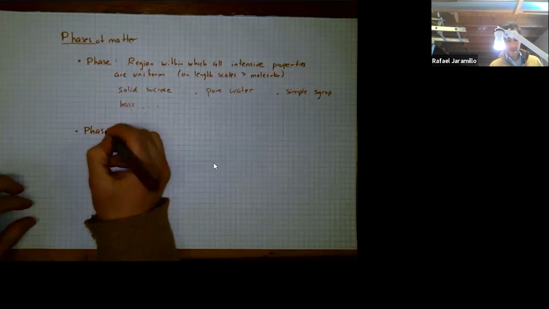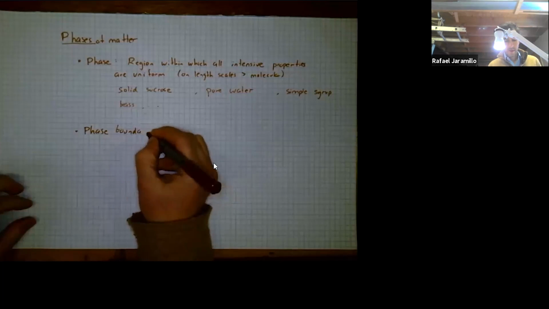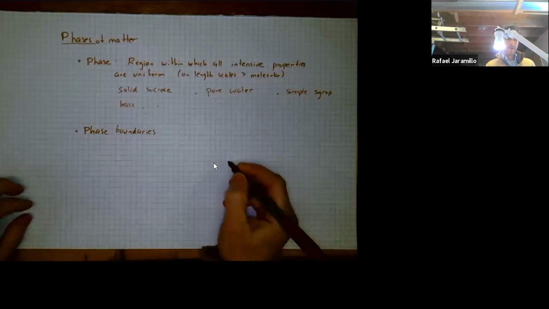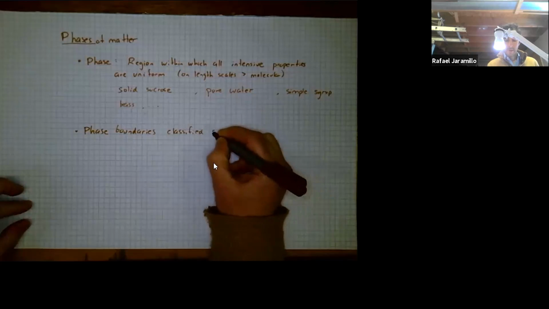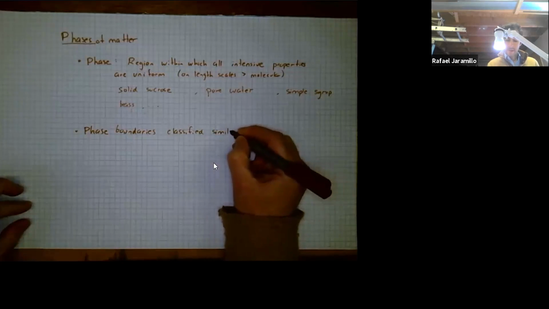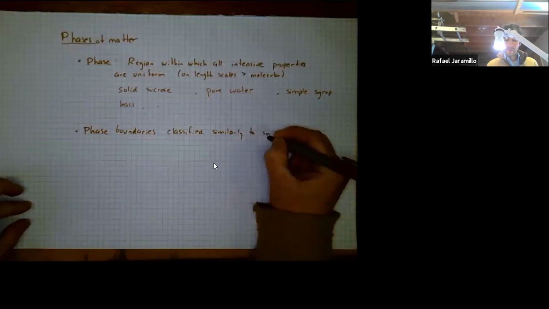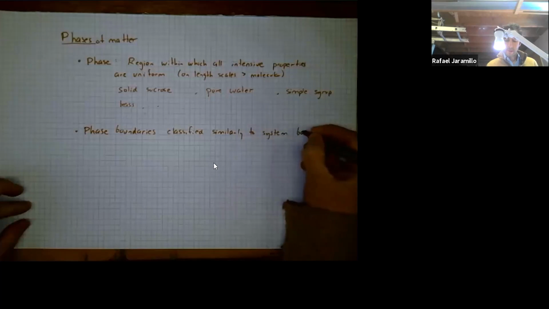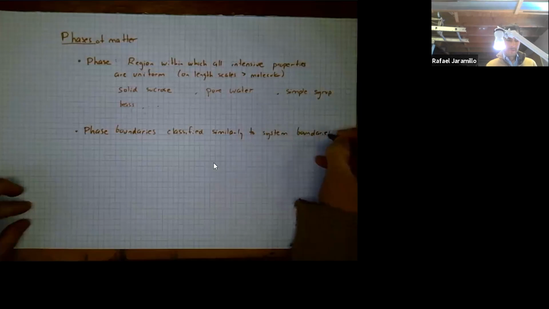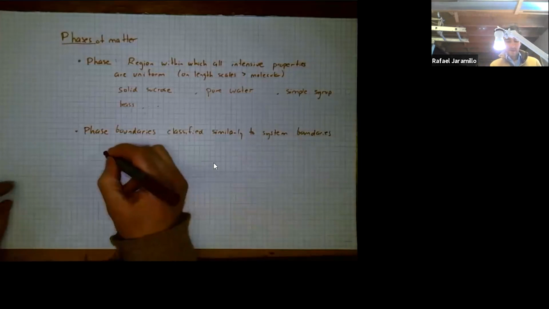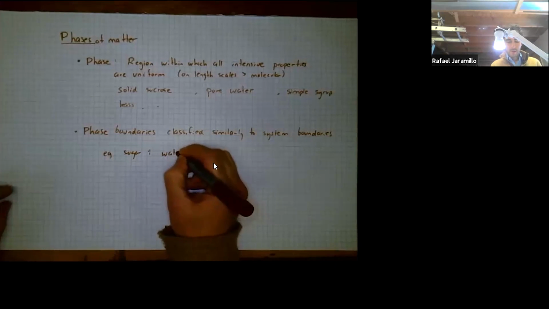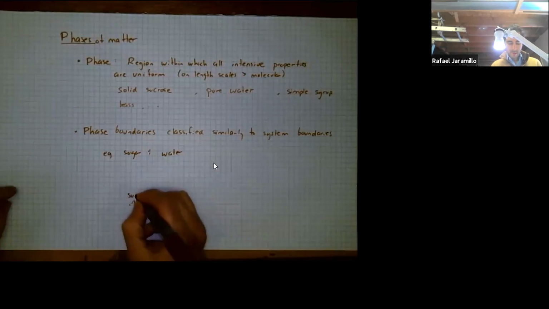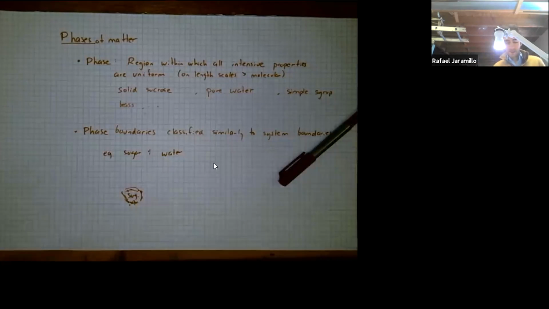And phase boundaries, which of course are a really important topic in thermo and material science, are classified similarly to system boundaries. Right. So when we have a two-phase system, for example, sugar and water, we have some sugar, and it's in water.